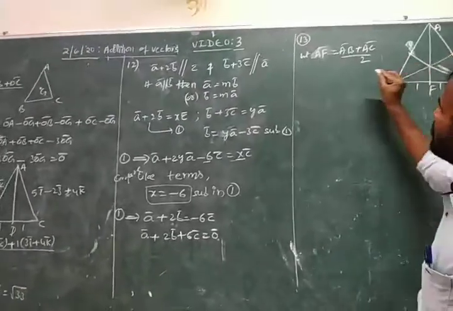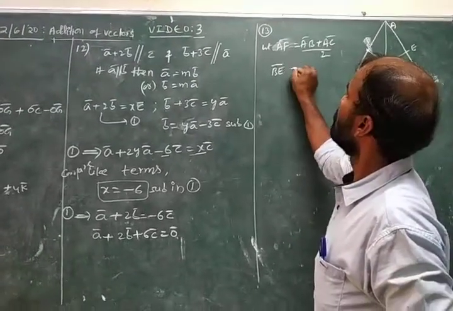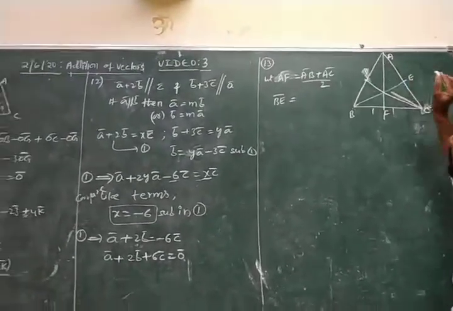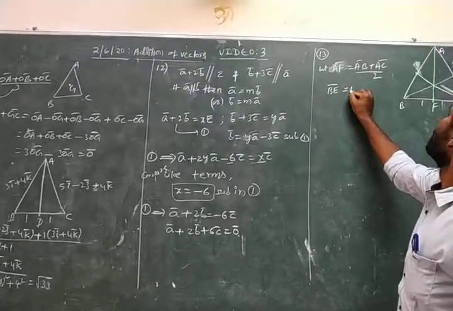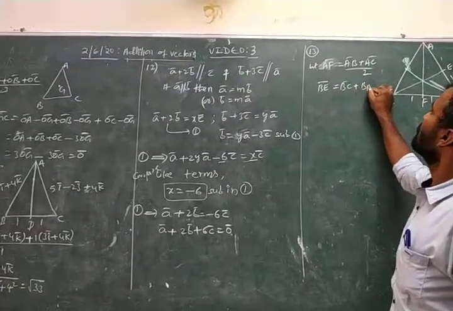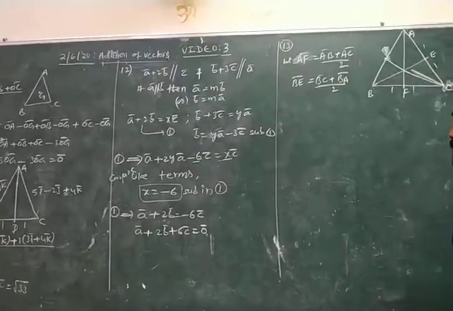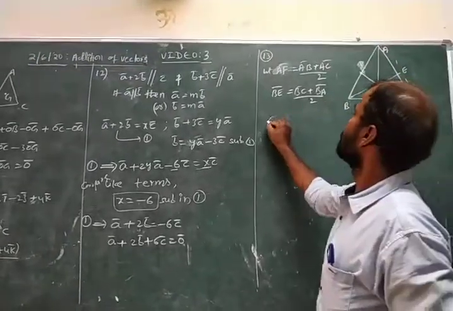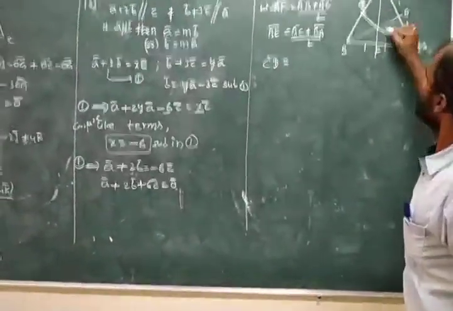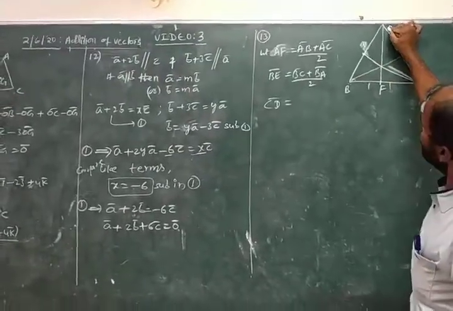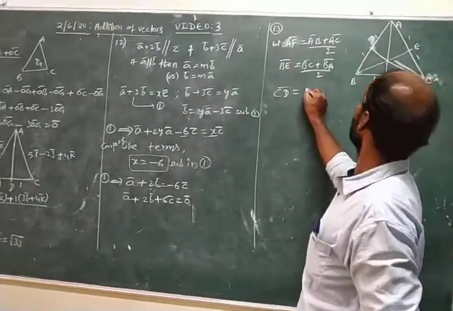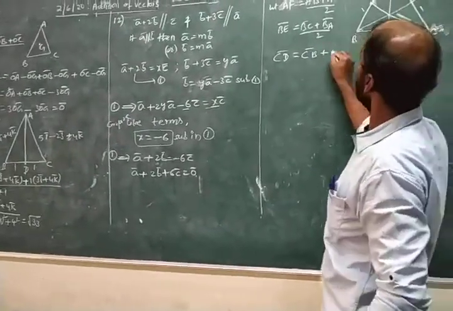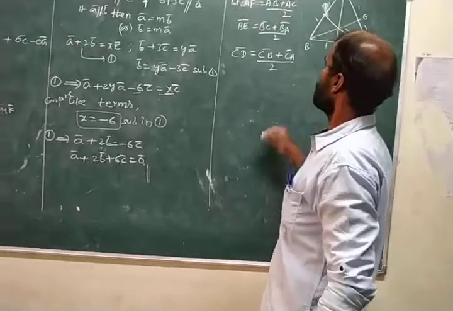Similarly, BE bar is equal to BC bar plus BA bar by 2, here also 1:1. The direction is also important. Then CD bar is equal to CB bar plus CA bar by 1 plus 1.